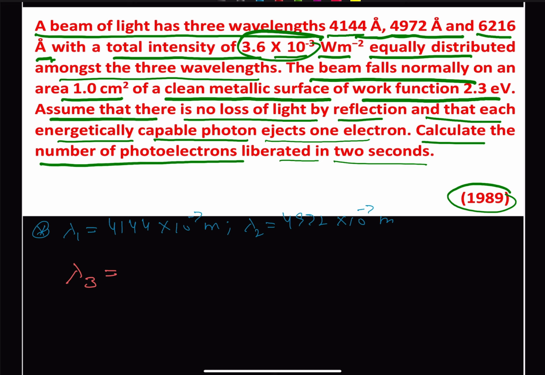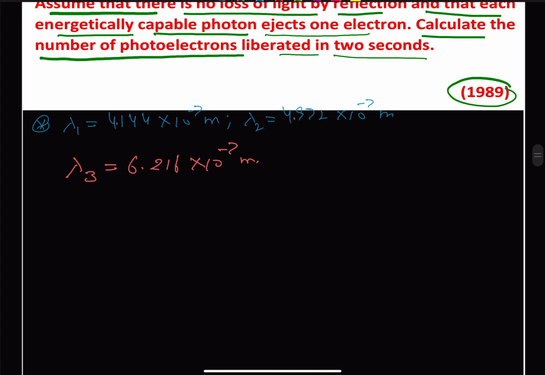which is 6216 into 10 to the power minus 10 meters, or we can just say this is 4.114, 4.972 and 6.216 into 10 to the power minus 7 meters. Total intensity is given to us.